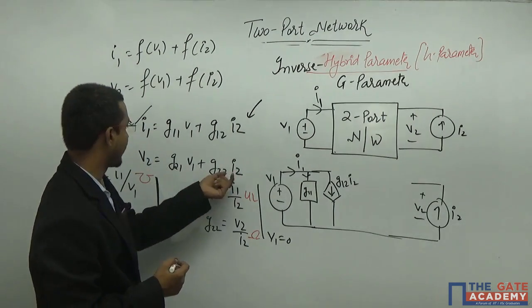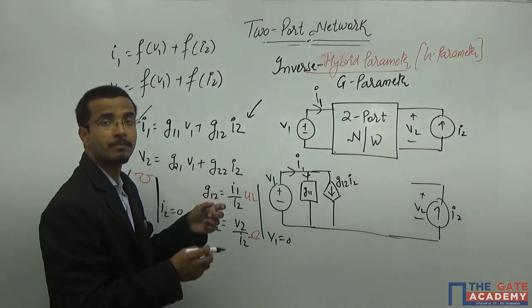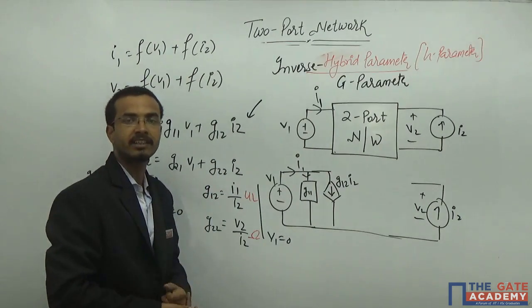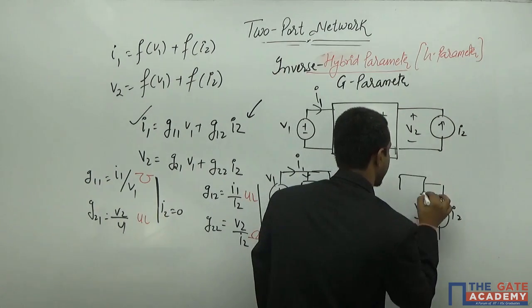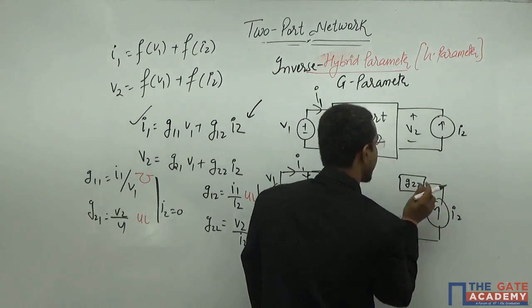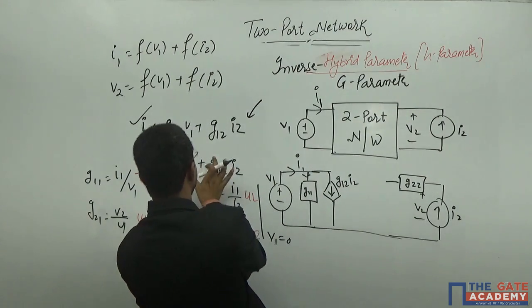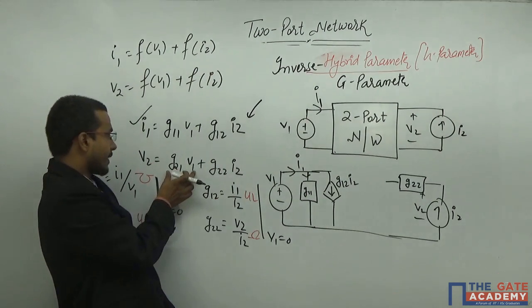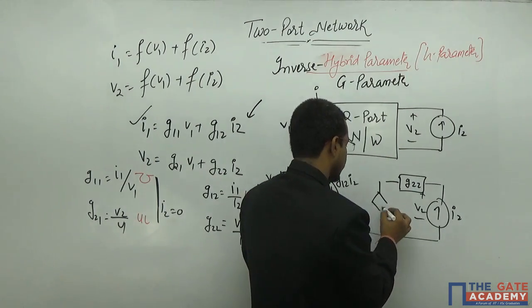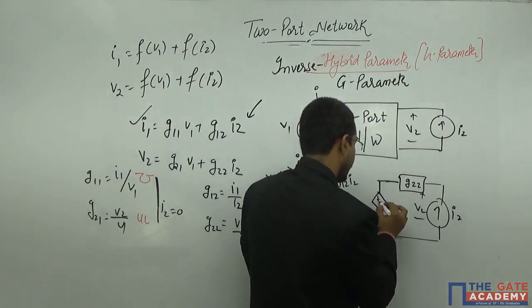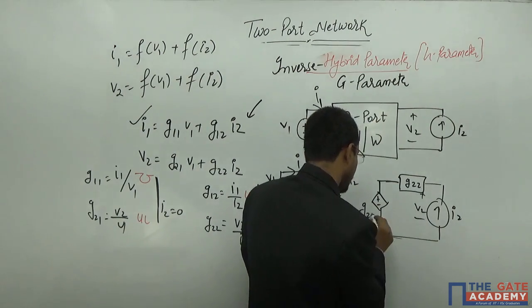Here you will write down the KVL equation, because you are adding the voltages, and that must have to be in series, because the voltage addition is only possible in the series interconnection. That means here you will get G22 into I2, this is the potential, and here in the second side the voltage is dependent on the first side voltage also, that is why you will draw this, and here the value will be G21 V1.